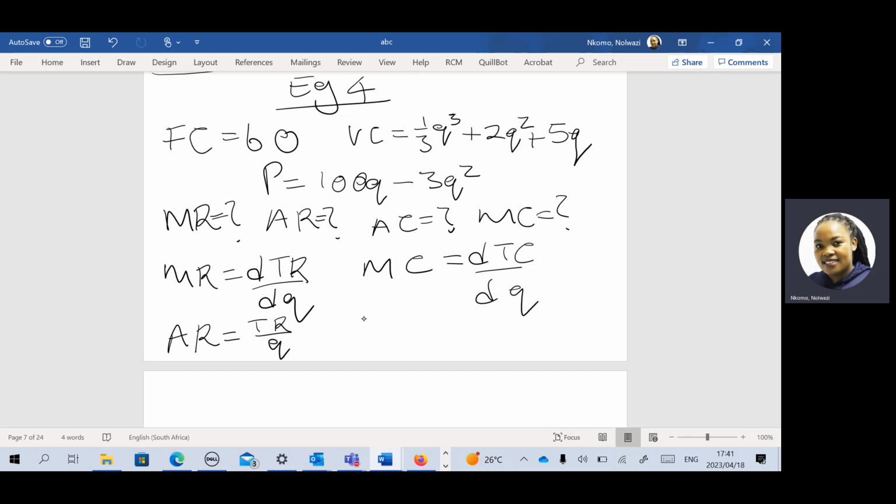And then the average cost is found by dividing the total cost by the number of units produced. So we have TC over Q. Okay, this is what we will use to find the marginal cost, and this to find the average cost.